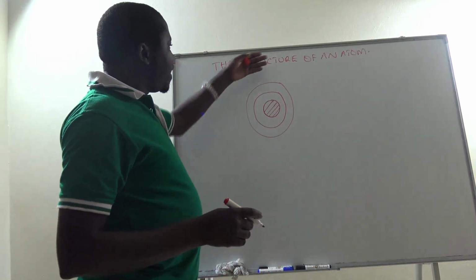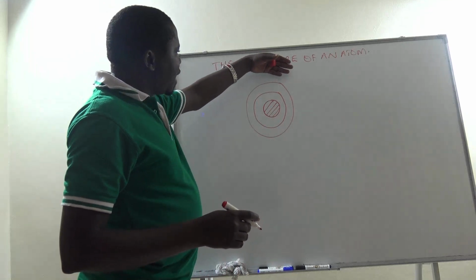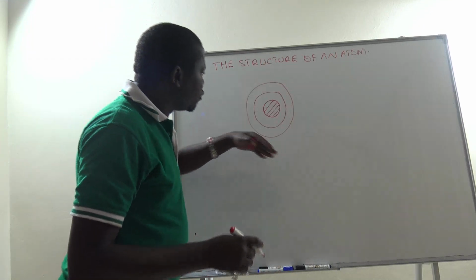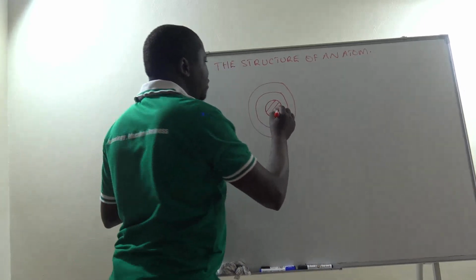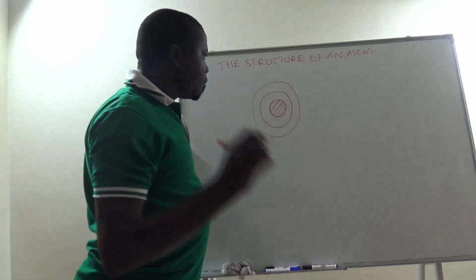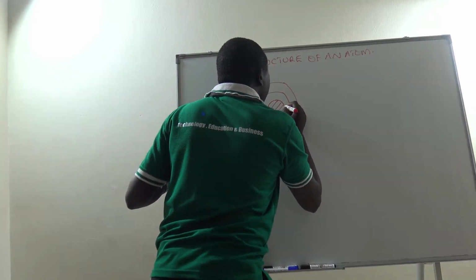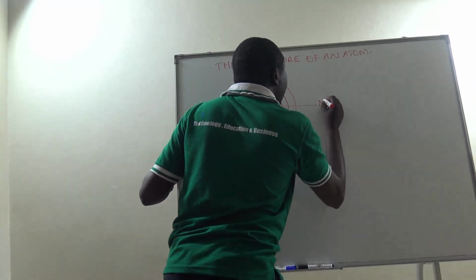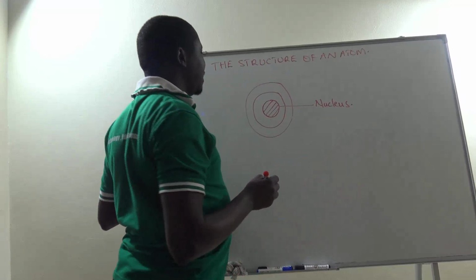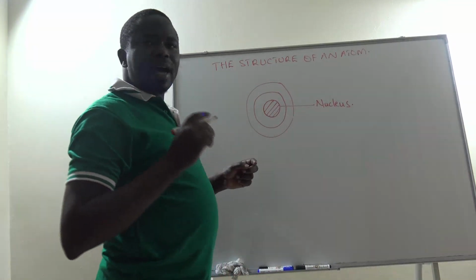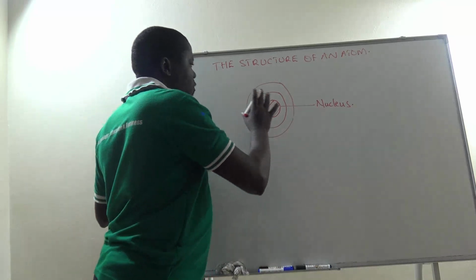Remember that we are looking at an atom which we have cut into two, and then we see what is found inside it. So, with an atom, we have got the central part of an atom, which is called the nucleus. Look at the spelling correctly. The nucleus is at the central part of an atom.